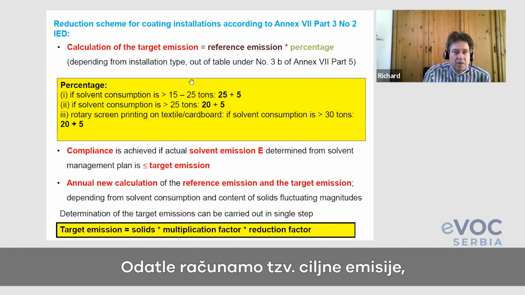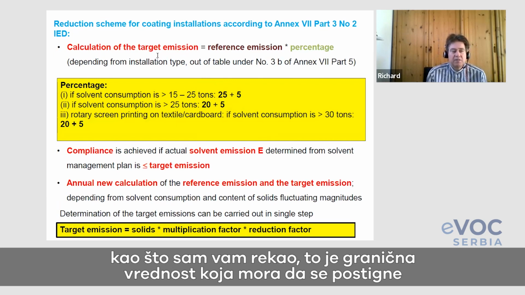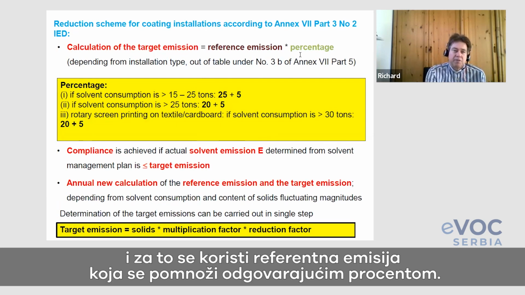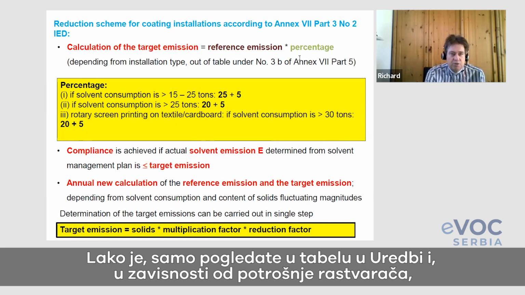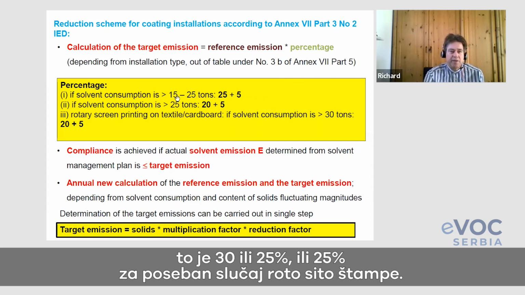So from that, we calculate the so-called target emission. As I told you, that's the limit value that we must meet. For that, we use the reference emission and multiply it by the percentage. It's very easy because we just look at the table in the VOC decree, and you see, depending on the solvent consumption, it is 30 or 25%, or 25% in the special case of screen printing, rotary screen printing.